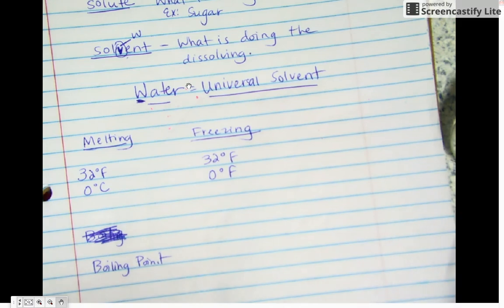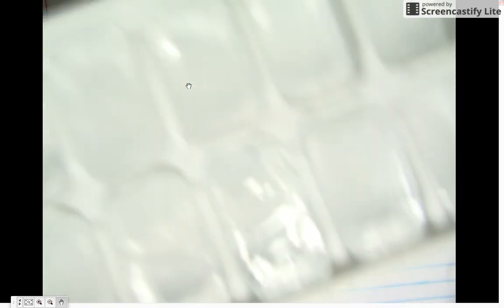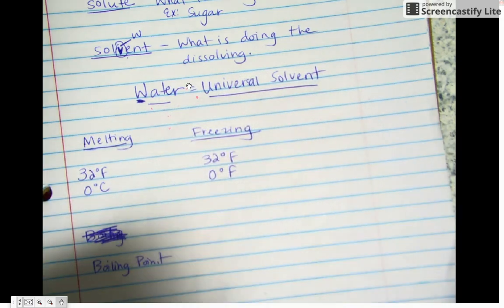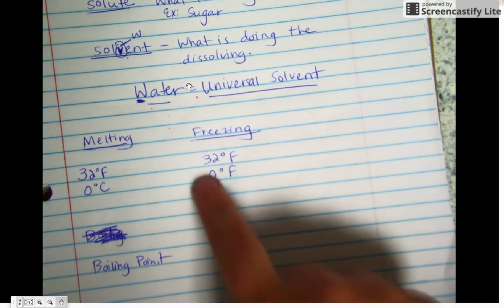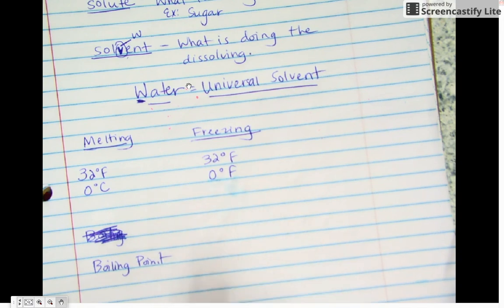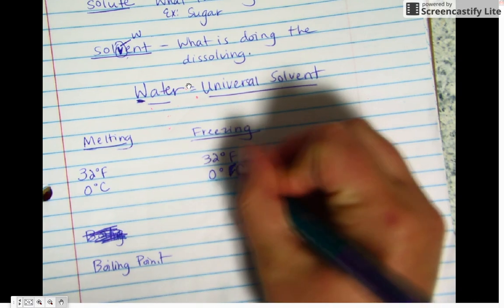Now, if I melt all of this down, let's say I put it back in my ice tray and want to freeze it back, I'm going to put it in my freezer. And my freezer is going to have to be cooler than 32 degrees Fahrenheit, 0 degrees Celsius, I'm sorry. Okay?